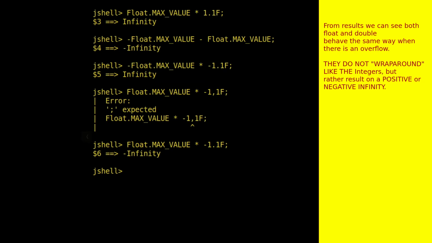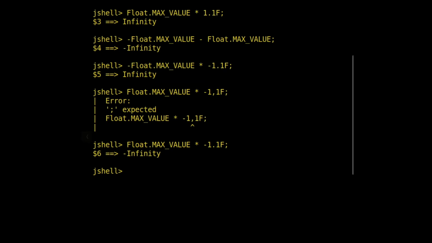From the results we can see that floating point numbers do not wrap around like the integers when they overflow, but the max values, when they go over the significant bits, will give you a positive or a negative infinity value.